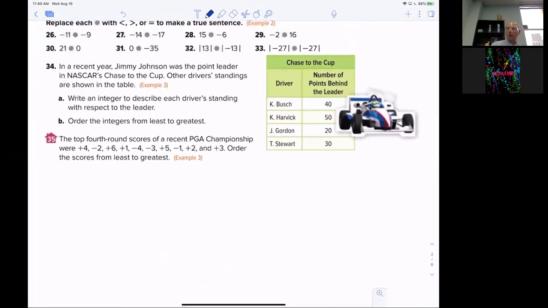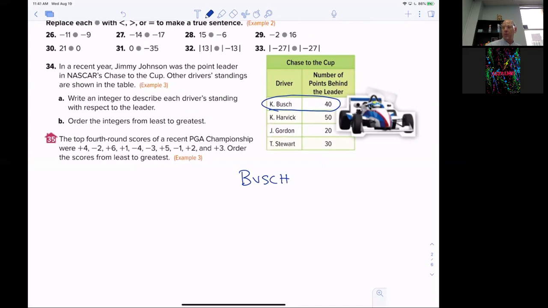Write an integer describing each driver's standings with respect to the leader. Well, Mr. Bush is 40 points behind the leader. Do you agree? I'm looking at this right here. Wouldn't he be 10 points behind? Why do you want it to be 10?